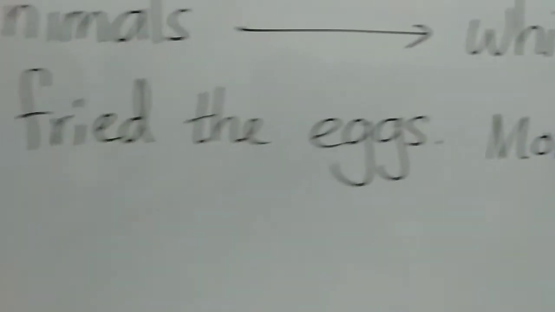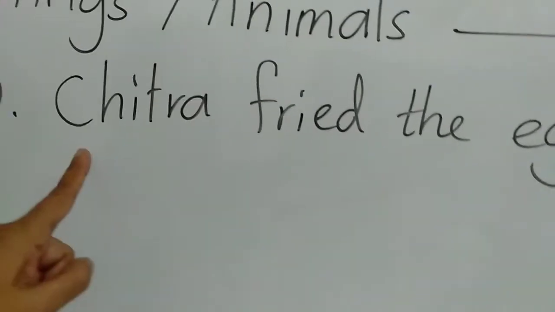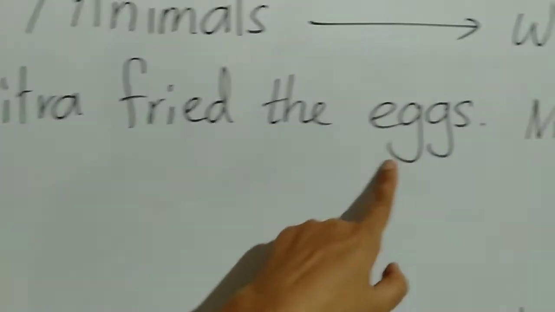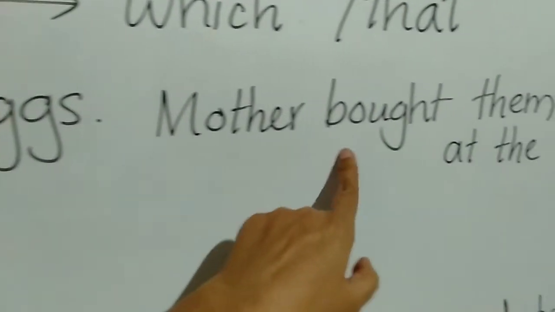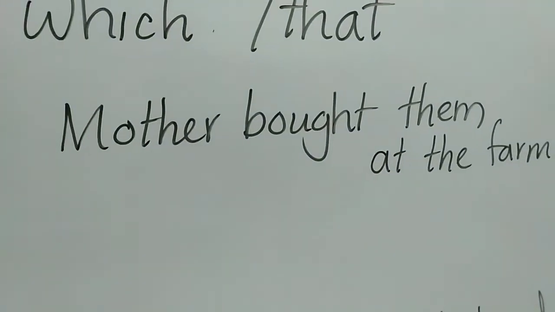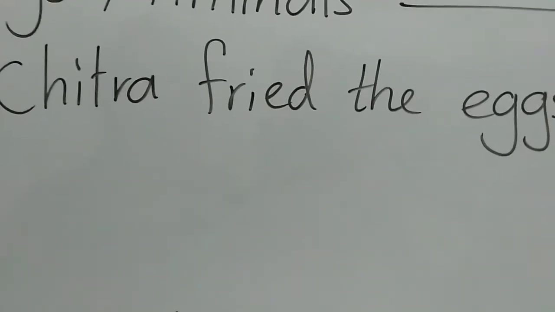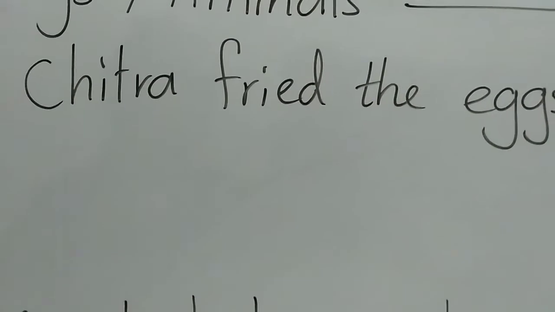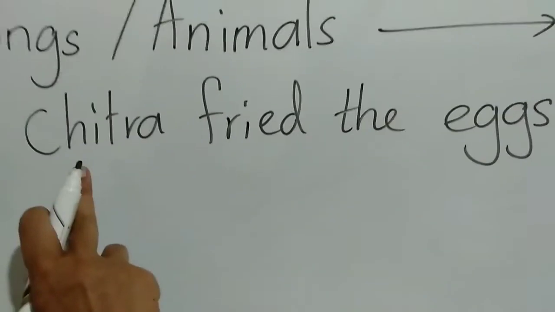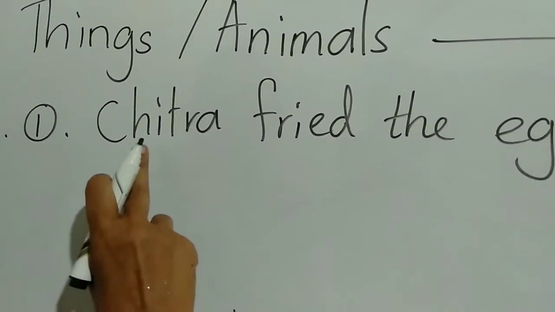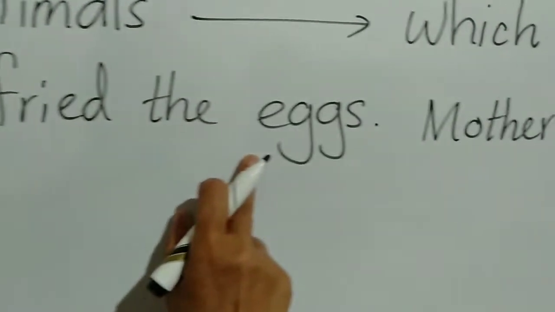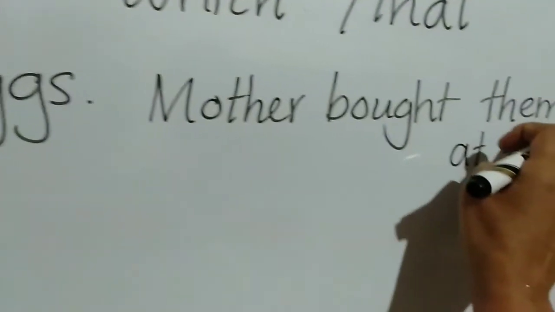Let's describe these two examples. Chitra fried the eggs. Mother bought them at the farm. What is the word described in the second clause? We see the two sentences again. Chitra fried the eggs. Mother bought them.